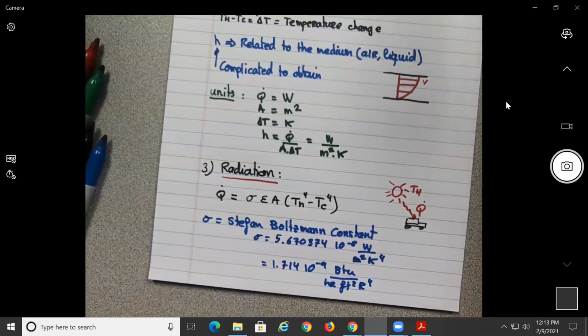Now, epsilon over here. So you all know that. What is better to have for the heat, a white car or a black car? Are both these cars going to absorb the heat from the sun the same way? No, the black is going to absorb more heat than the white one, no? That's because the black is considered a black body, so it's going to absorb more heat than light colors, all right?